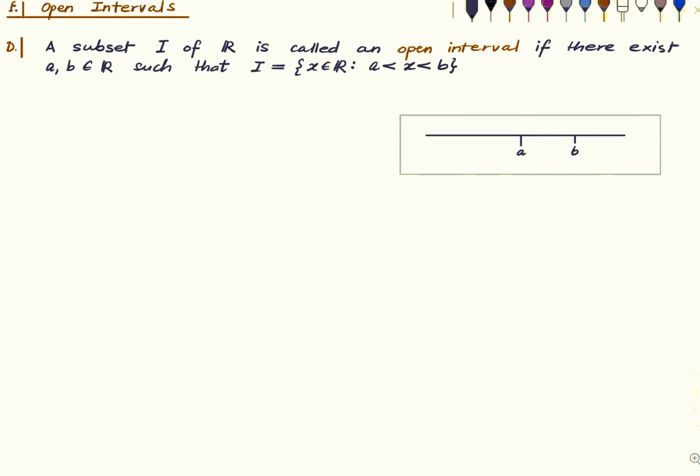And as a point of notation, this can also be denoted as that. So a subset I is called an open interval if it is the set of all the points between two given real numbers, strictly between. So in this picture, all the things that lie between a and b constitute an open interval.